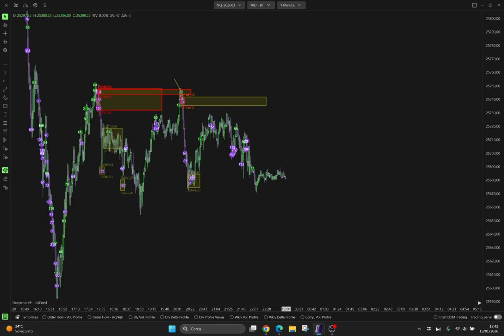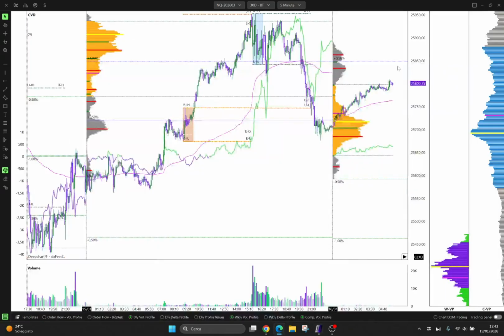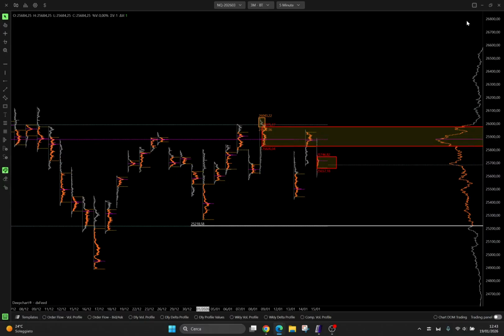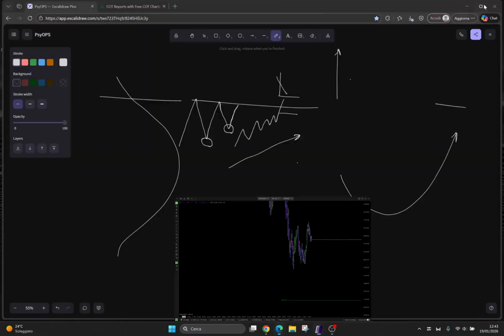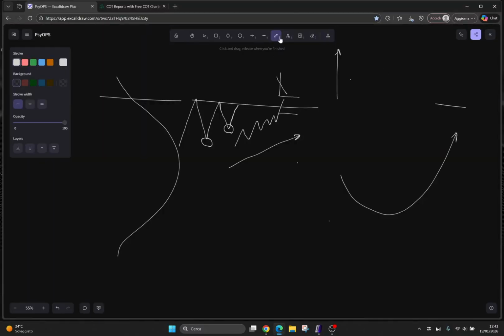Amazing. Let's open the Q&A, because the profile framing for the week is this one. I want to summarize for you my expectation. We absorbed here and we already shifted.